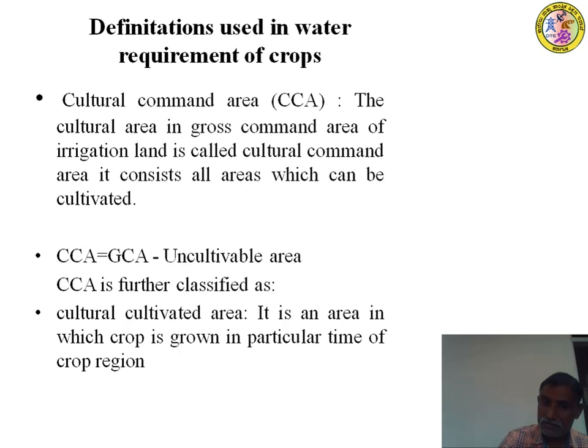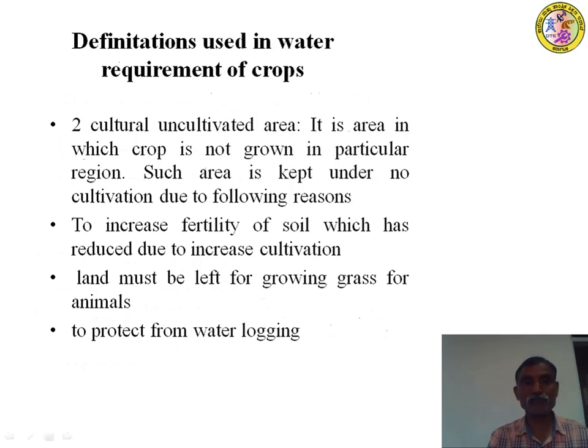Even though it is in the cultivable command area, you are not growing the crops, for example waterlogged areas or barren lands, areas to which you cannot supply water. That area you can call uncultivated, even though it is considered cultivable, because you are actually not growing crops there.